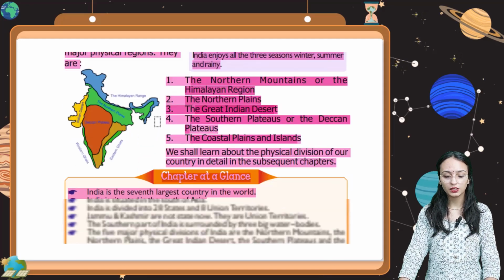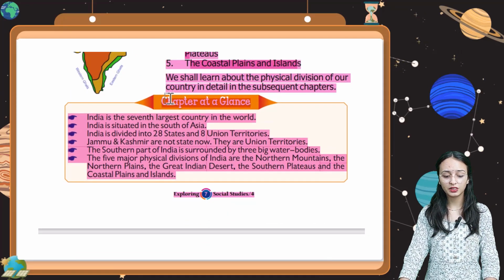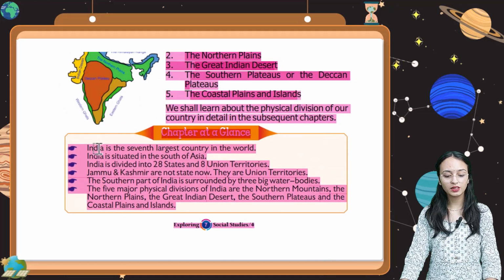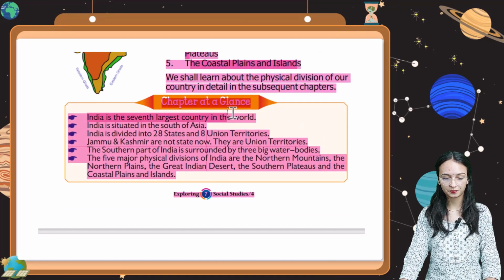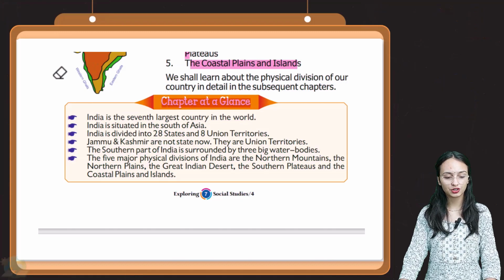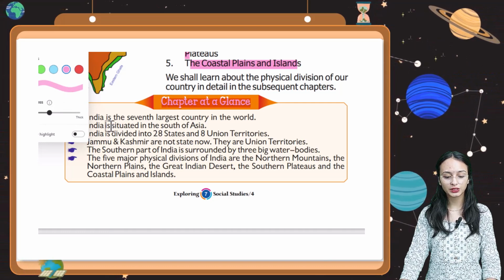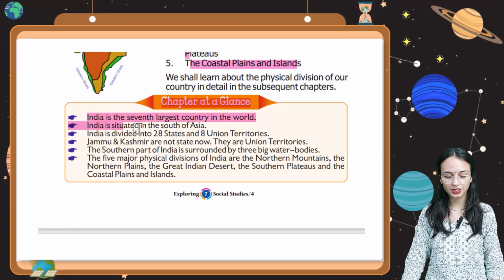Now we will recall some facts and we will see the chapter at a glance. This is a kind of summary of the chapter. India is the 7th largest country in the world. India is situated in the south of Asia. India is divided into 28 states and 8 union territories.